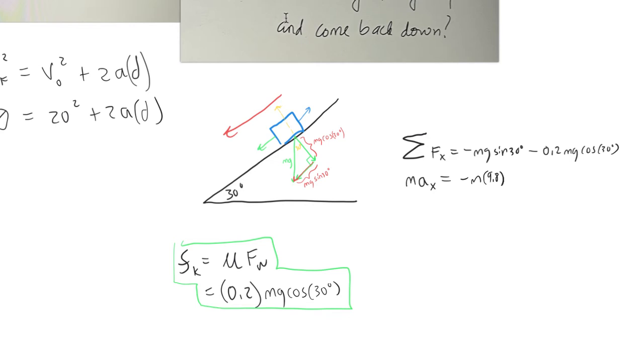Sine of 30 is 1/2. And then we have minus 0.2 times m times 9.8 times cosine of 30, and cosine of 30 is 0.87. Okay, let's see.